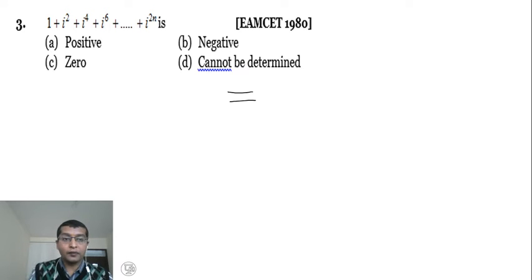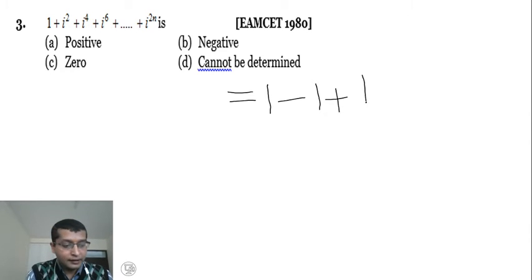Okay. So now 1 we write as it is, i square is minus 1, i raised to 4 is i square squared, minus 1 squared is plus 1. Then i raised to 6 is i square raised to 3, which is minus 1 raised to 3, so it is a negative number.